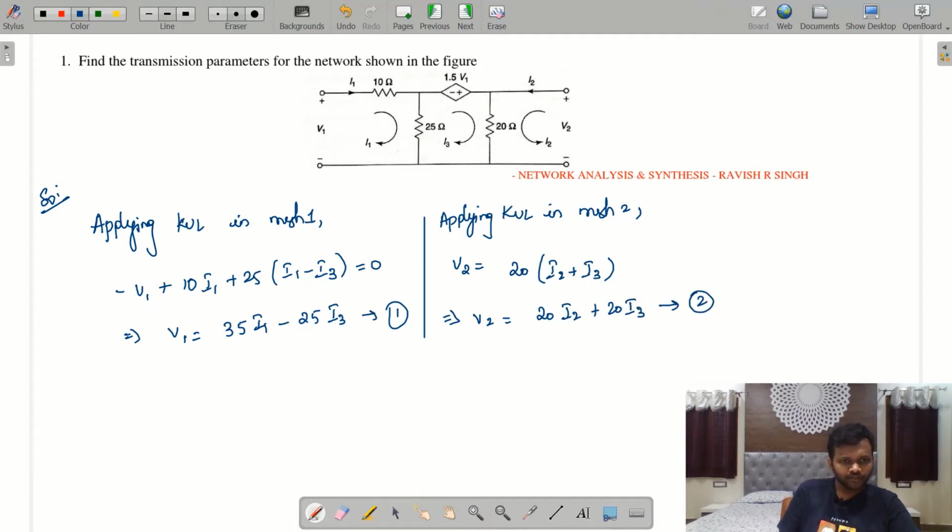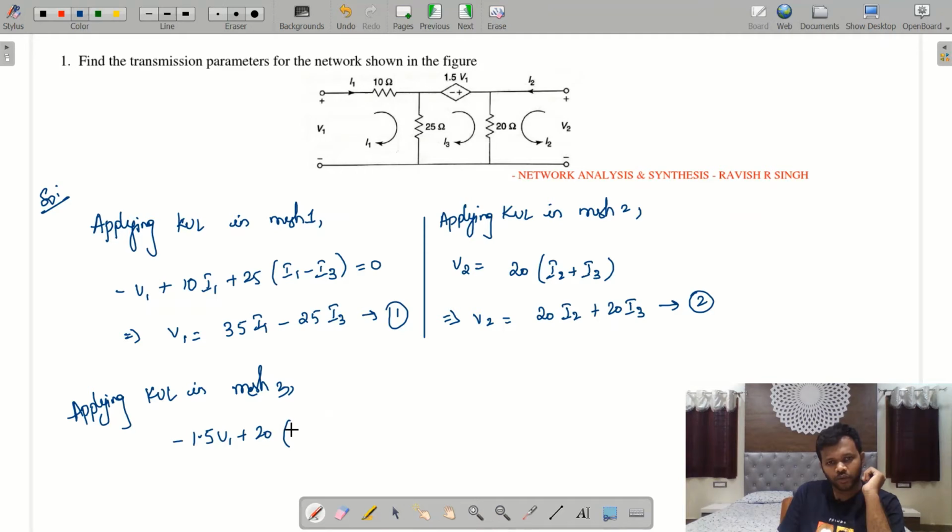Similarly, applying KVL in mesh 3, this is my mesh 3. What can we write? Minus 1.5 V1 plus 20 into (I2 plus I3), which is the voltage across 20 ohms, plus 25 into (I3 minus I1) equal to 0.